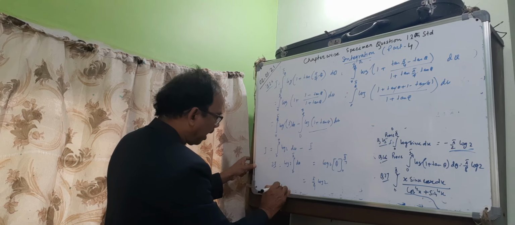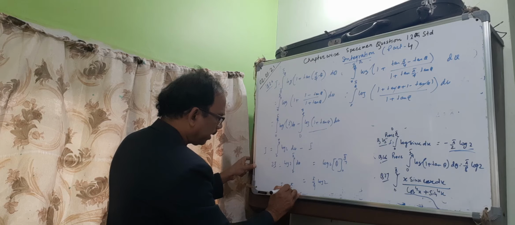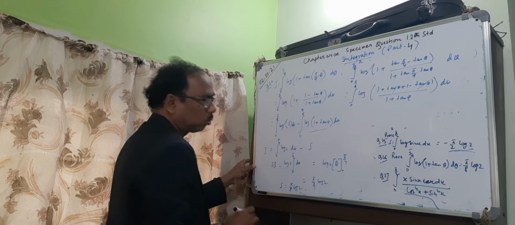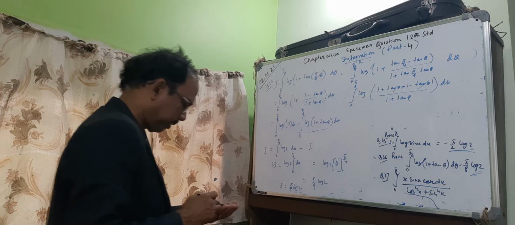So 2I equals this, then I equals pi by 8 log 2. Pi by 8 log 2 is the answer.